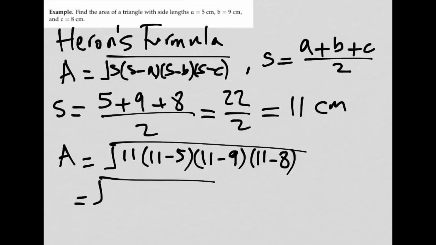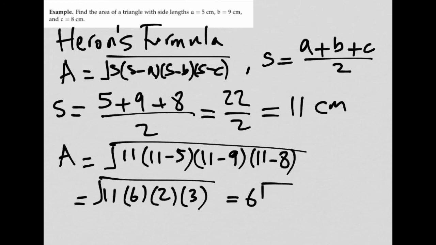So that's square root of 11 times 6 times 2 times 3, which gives 6 times square root of 11, and that's roughly 19.9 square centimeters. That is the area of the given triangle.